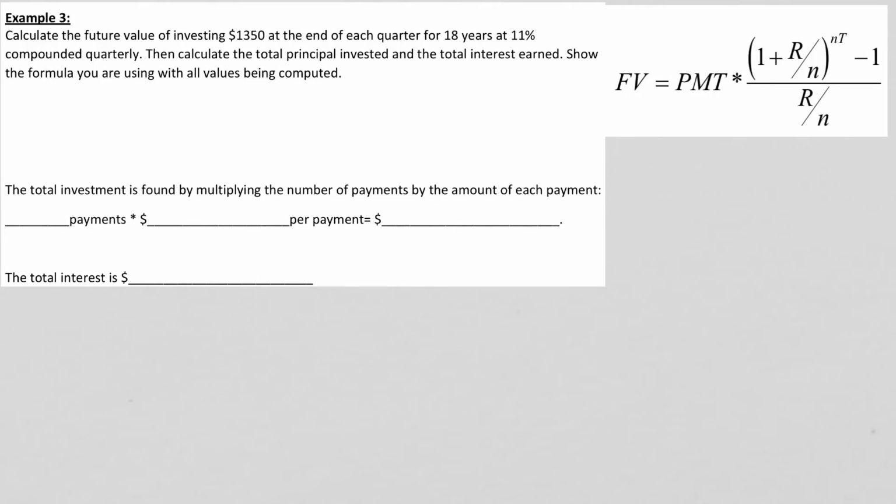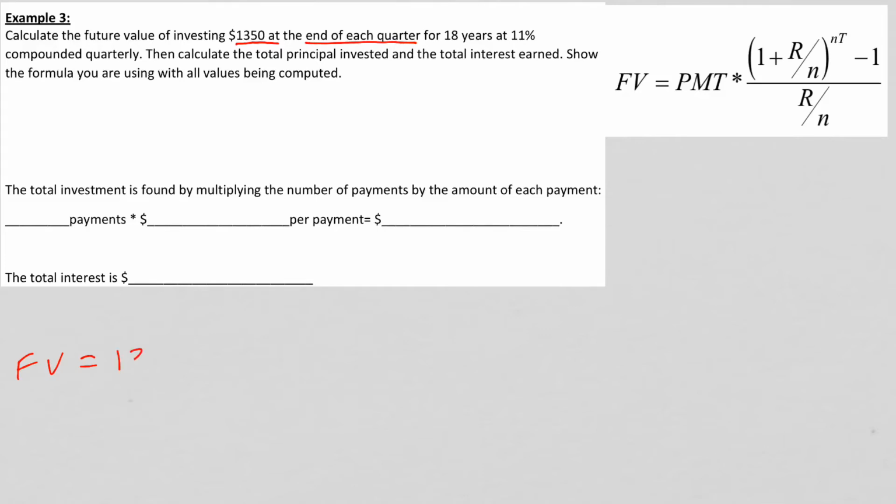Again, not to beat this into the ground too hard, but we know this problem tells us it's an ordinary annuity. If you were in a test, it may not explicitly say that. So you have to understand that because these payments are made at the end of each period, this is an ordinary annuity. Okay, so we're going to calculate the future value first.